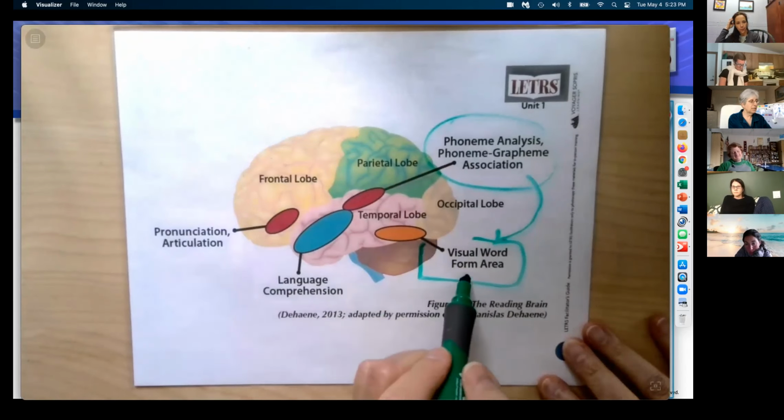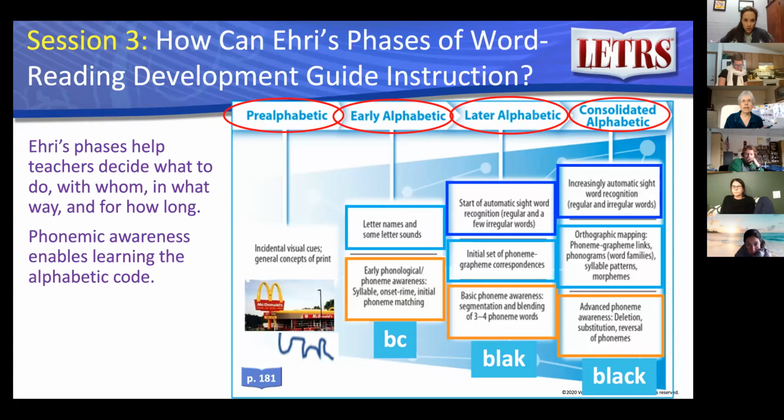Those orthographic mapping components and that expansion of sight word recognition, both regular and irregular words across the context of what they're reading.